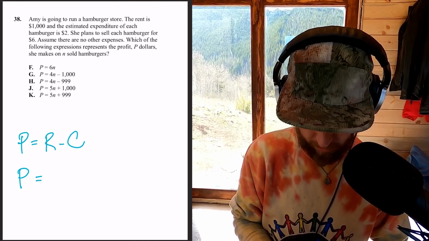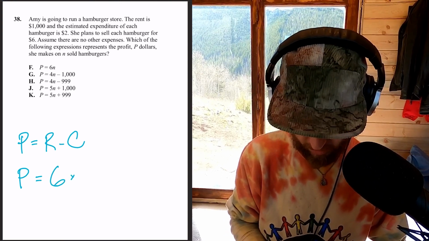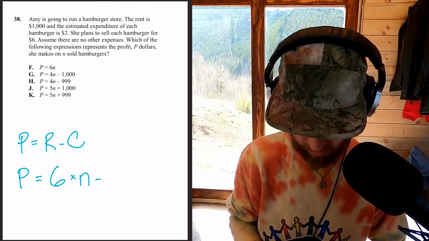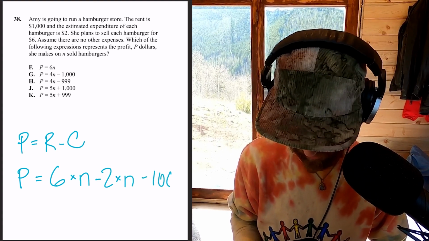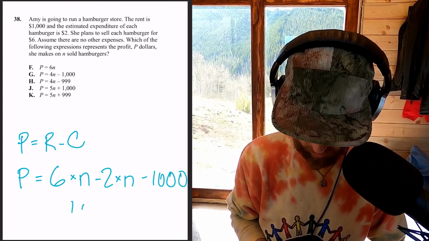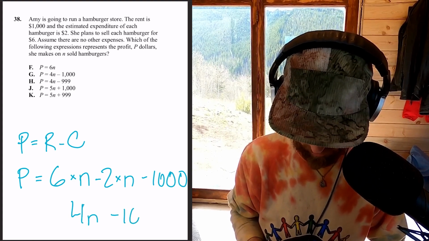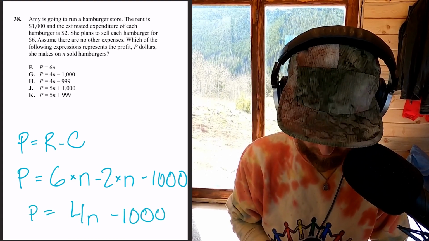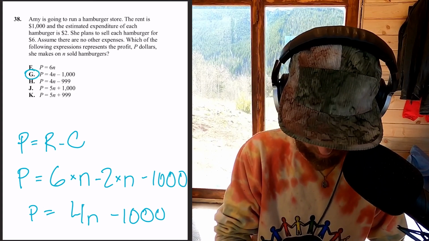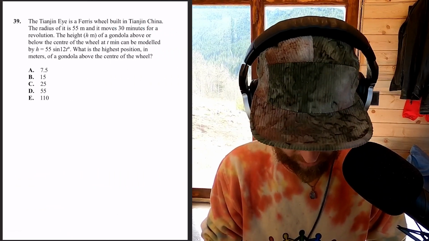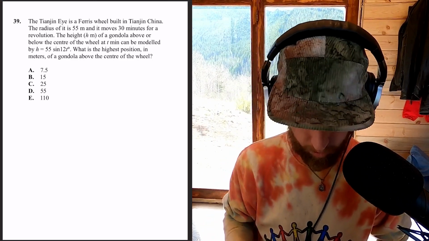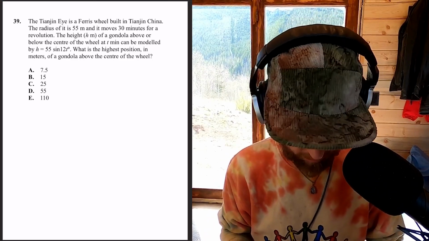Profit is equal to the revenue, which is 6 times the number of hamburgers she sells, minus $2 per hamburger that she sells, minus $1,000 flat every month. So that's 4n minus 1,000 is her profit. One of the most important math topics you can learn if you want to be entrepreneurial. All right, we have 15 minutes left on the timer, and I've got 20 problems left. So I don't know if I'm going to score 36 this time.